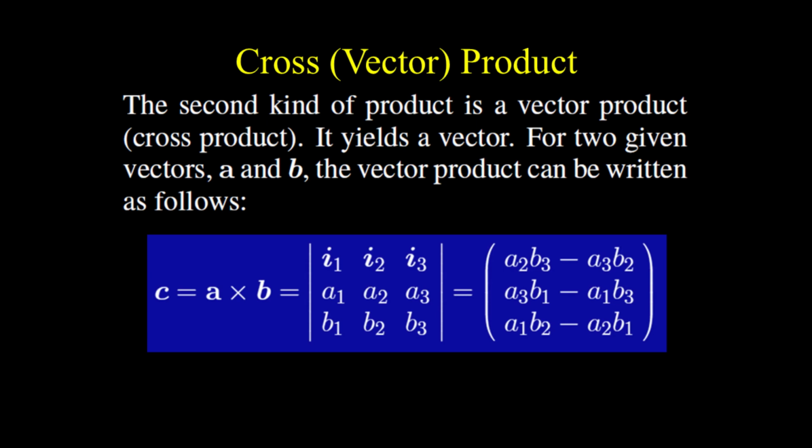The second kind of product is a vector product or cross product. It yields a vector. For two given vectors, A and B, the vector product can be written as follows. So vector C is the result of the cross product of vectors A and B. It is defined as the determinant of a matrix, as defined here.